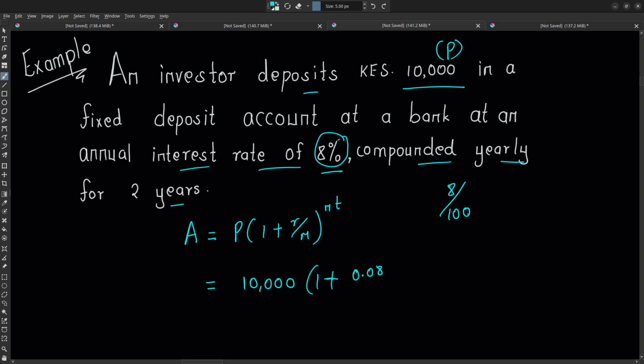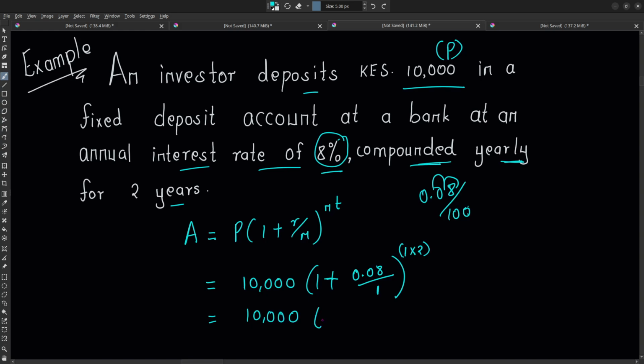This is divided by n. n is the number of times it is compounded in a year, but it is written compounded yearly, so it is 1 per year. Then raised to n times t, which is 1 times 2 for 2 years.